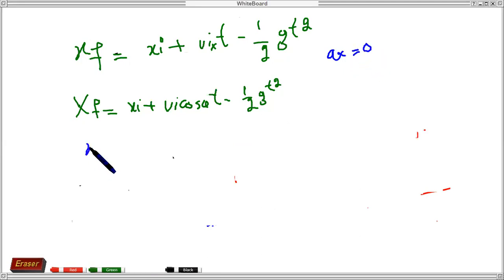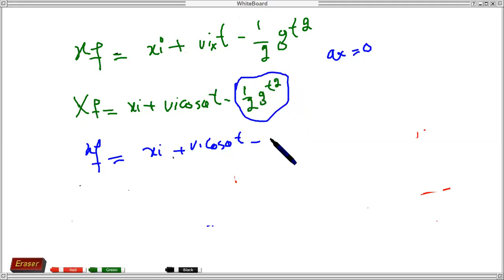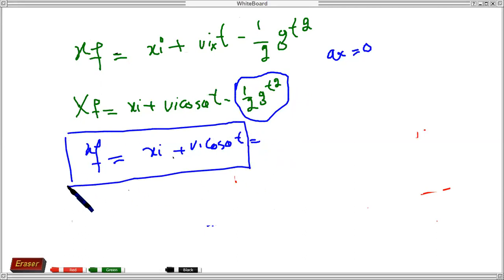So the equation is xf equals xi plus vi cosine theta times t, where vi means initial velocity, and this last term is 0. Correct? So this is our xf, the second equation along the horizontal direction.